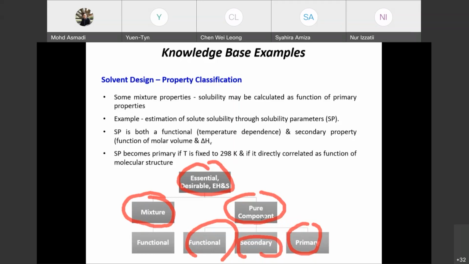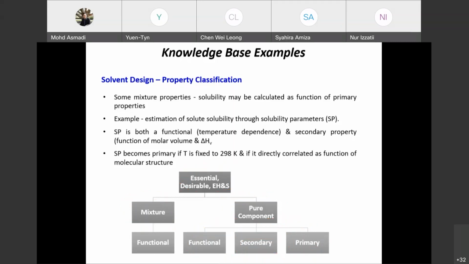Actually it's almost similar, but functionals are pure component properties. This is from the pure components, and dependent on the temperature and also pressure, like liquid phase activities, vapor phase functions, and some solubility is also from functionals.